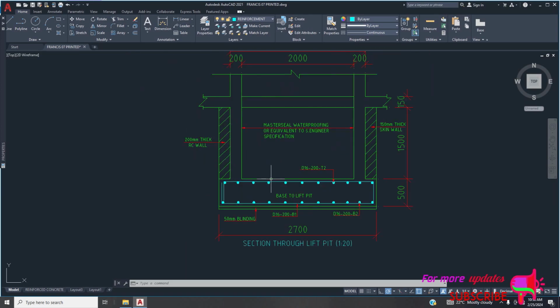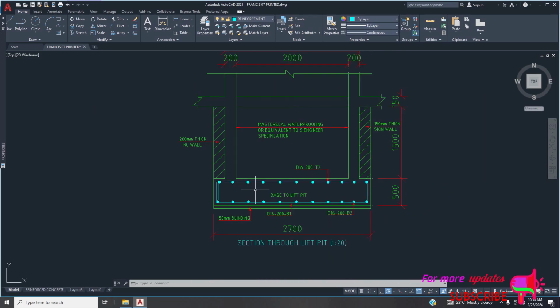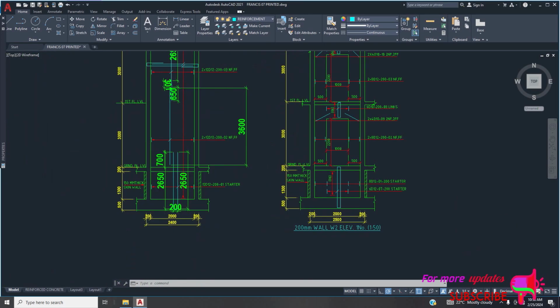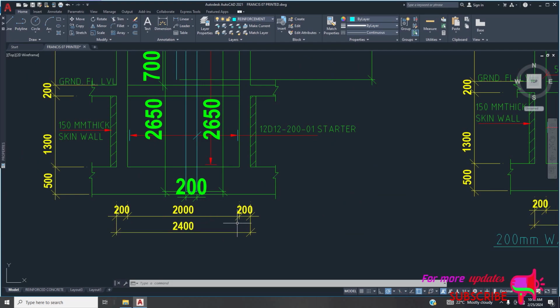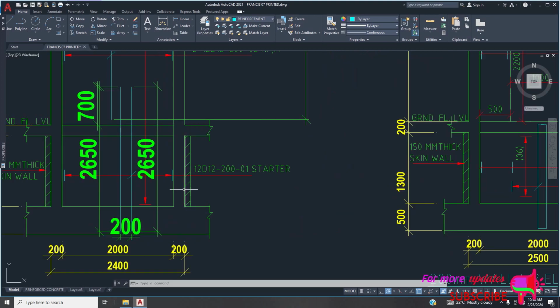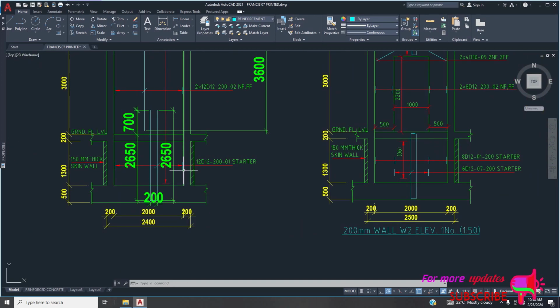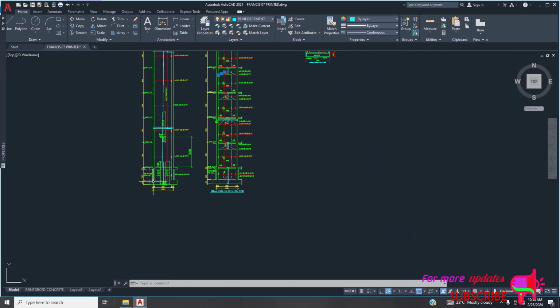As you can see, I have a lift core pit. My lift core is 2000 in thickness, and the wall is 200 millimeter thick, as you can see.